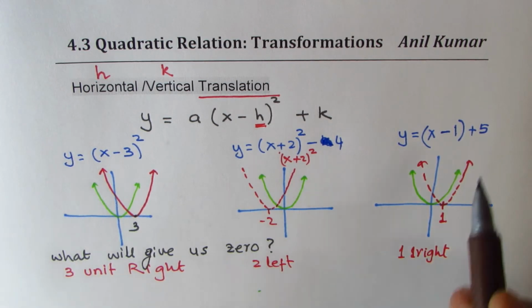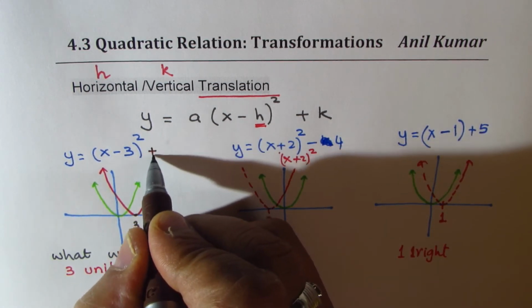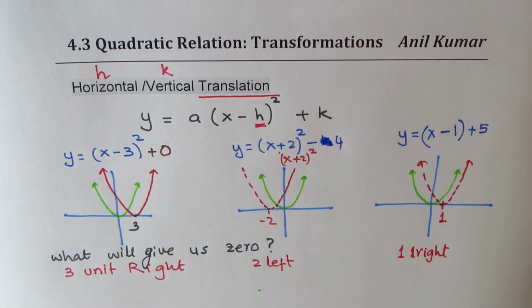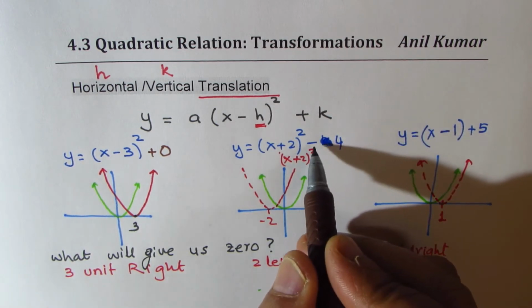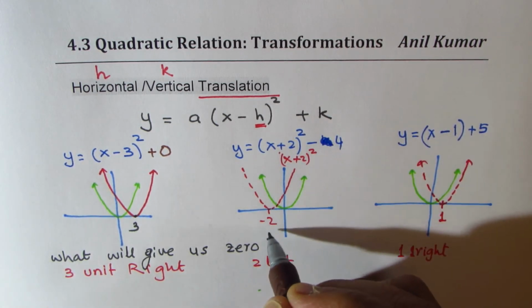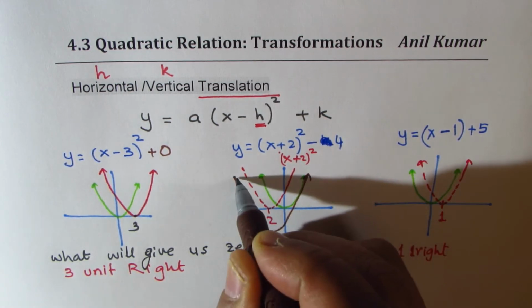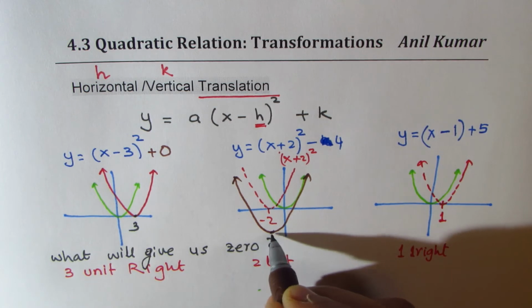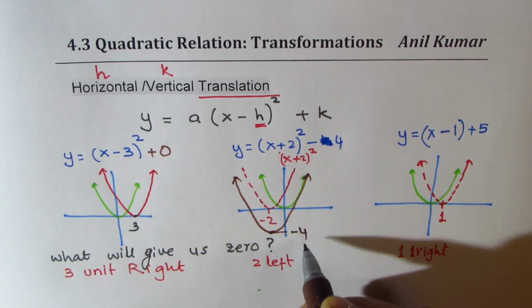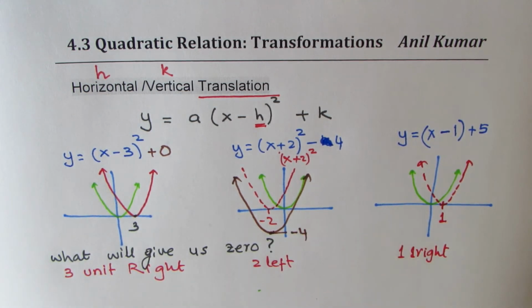Let's look into the vertical. So here vertical is nothing. It is 0, right? Do you see that? 0. So it is not moving up or down. So no need to write anything. But here it comes down by 4 units. So I'm just sketching roughly. So this point here is minus 4. Do you get the idea? Correct?